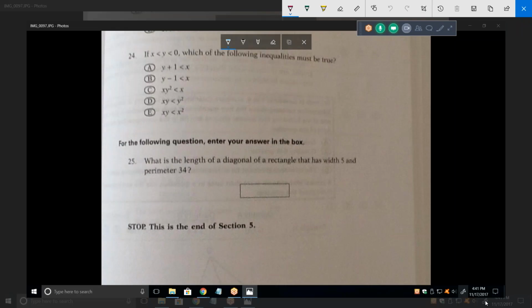Okay. But this should be relatively easy. When I see a problem like this, I know that I can do it because I can pick some numbers. And it has to be true. Well, that makes it a little more complicated because the numbers I pick, it could be true, but it doesn't have to be true.